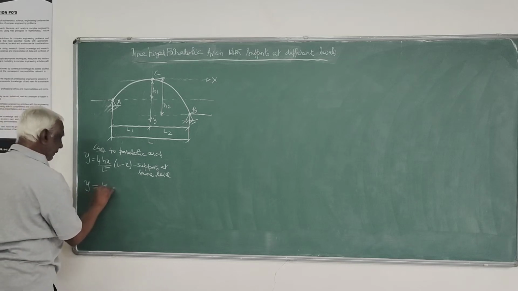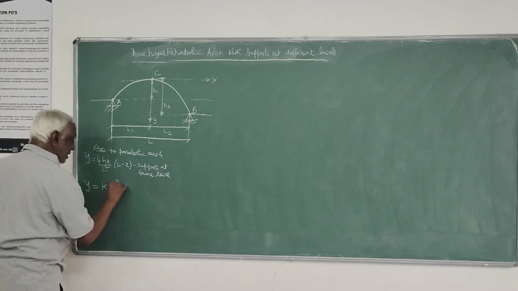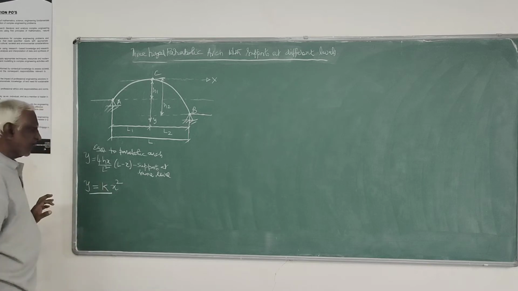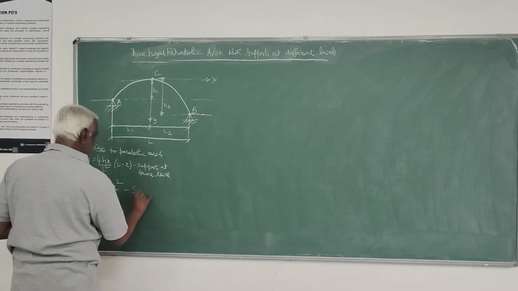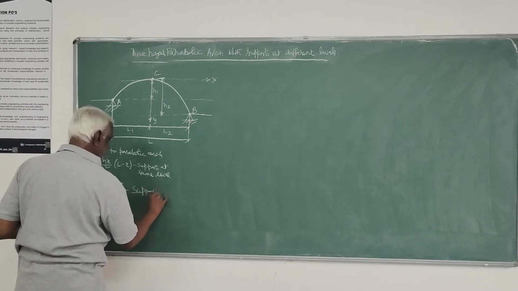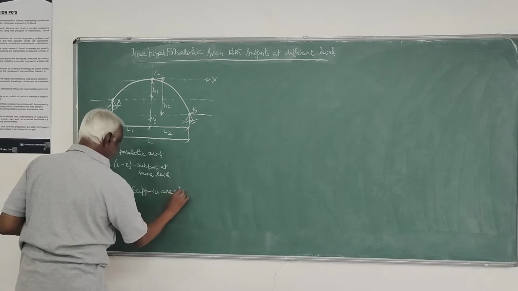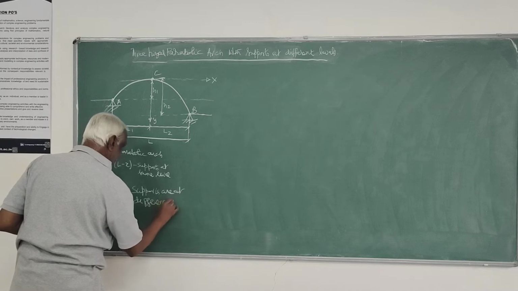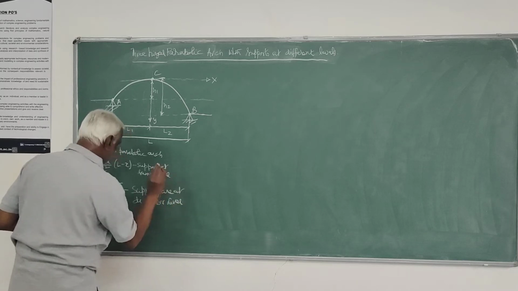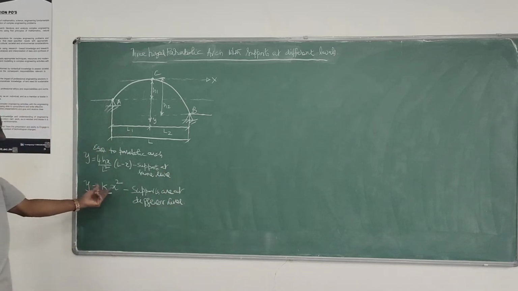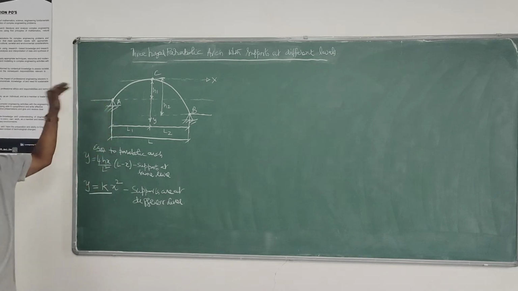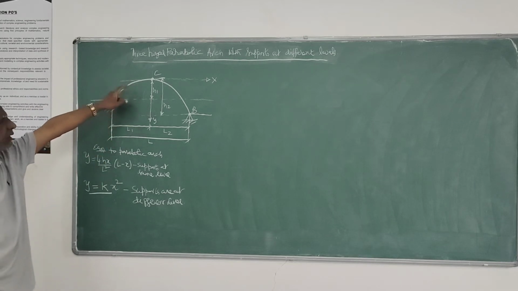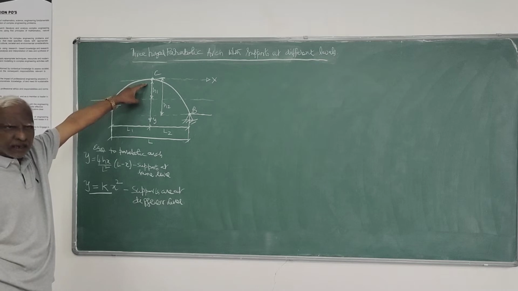And the equation of the parabola, when supports are at different levels, we can take as some constant into x square. So this is the equation: some constant times x square, where x is the horizontal distance from the origin, the origin being at the apex.